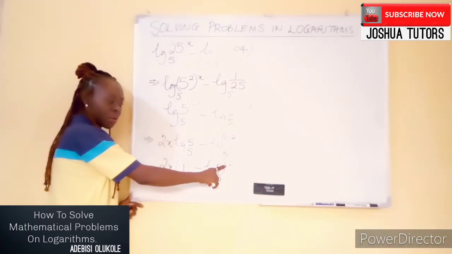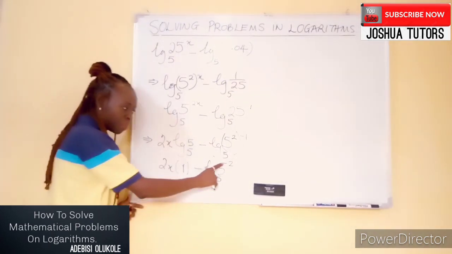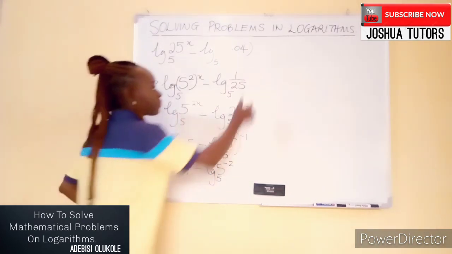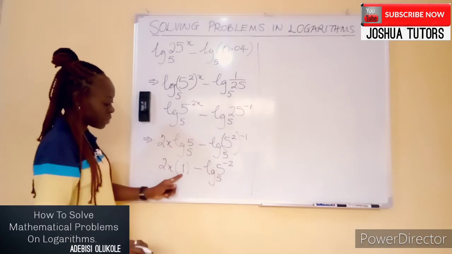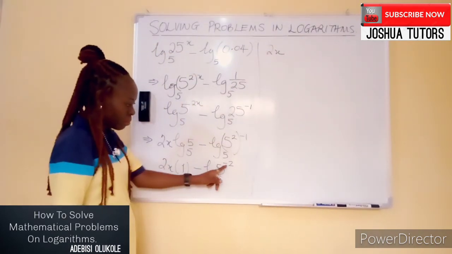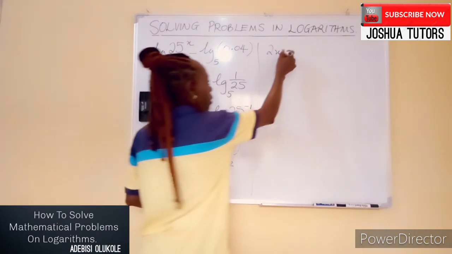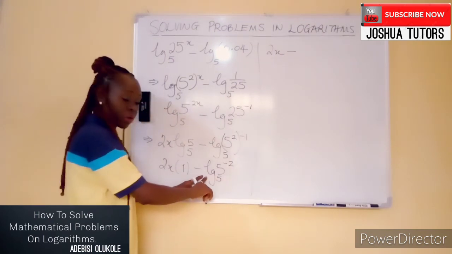This power minus 2 will multiply and become a coefficient. Minus 2 will come and affect this minus here and become plus. So I have 2x times 1 is 2x. Minus 2 becomes the coefficient. There's an original minus here. That's the original minus. Then minus 2 becomes the coefficient.